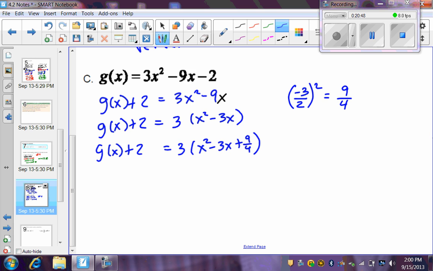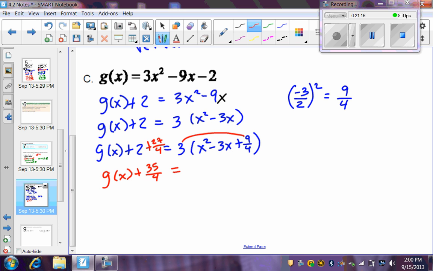Again, remember that you have to multiply these two numbers to add what you need to the other side. So 3 times 9 is 27. So we're going to add 27 over 4. In my calculator, 2 plus 27/4 converted back to a fraction gives me 35 over 4.